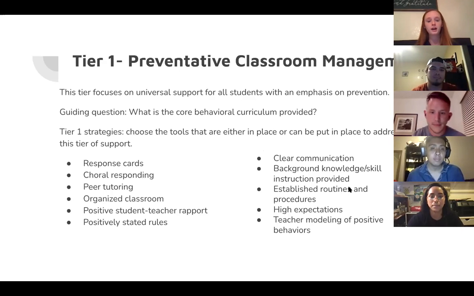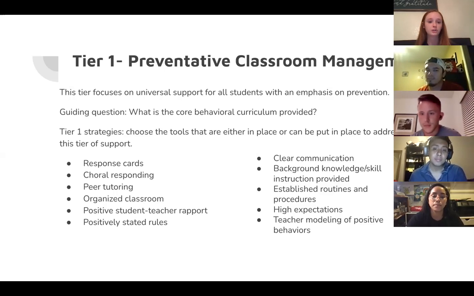So tier 1, which focuses on preventative classroom management, focuses on the universal support for all students with the emphasis on prevention. The guiding question of this tier is, what is the core behavioral curriculum provided? Some of the strategies used in this tier are to choose the tools that are either in place or can be put into place to address this tier of support.